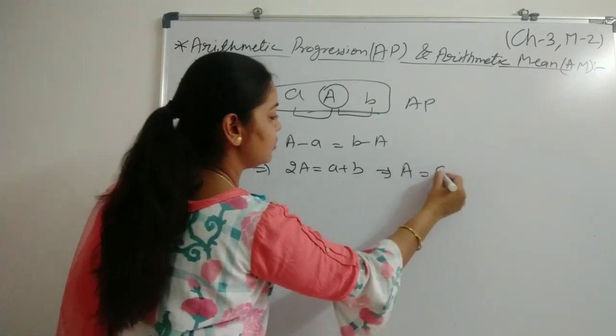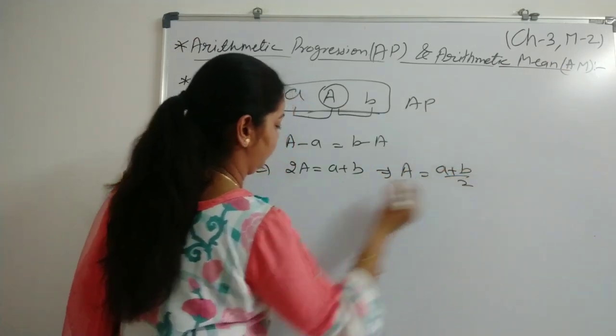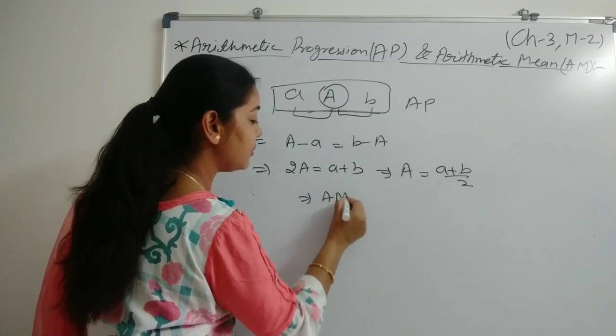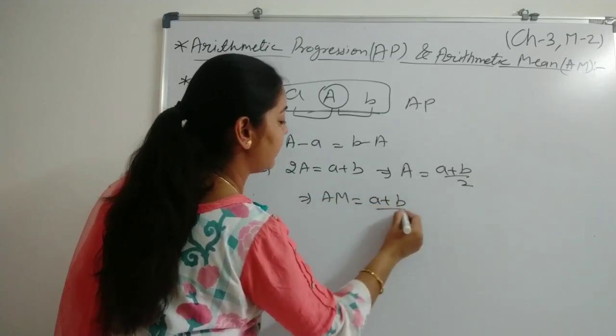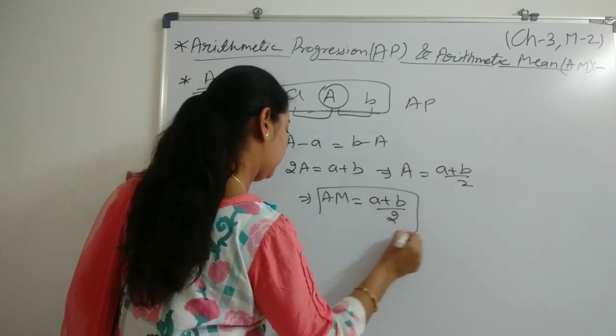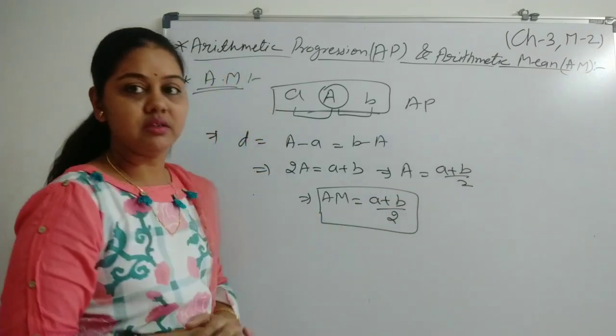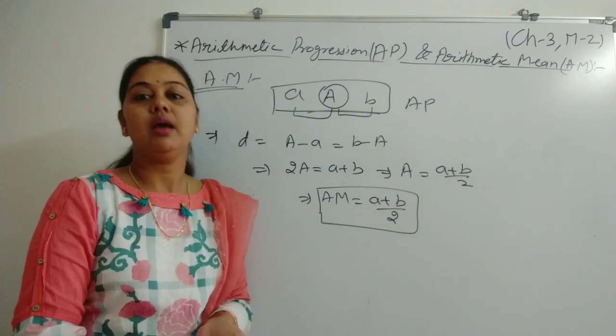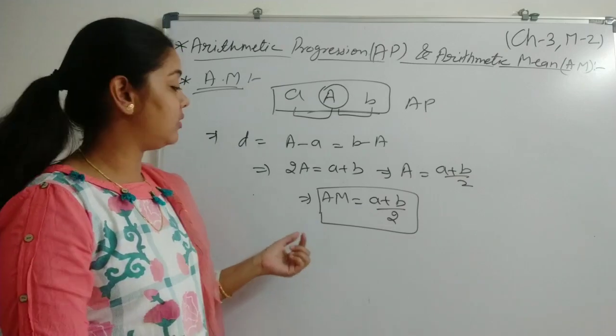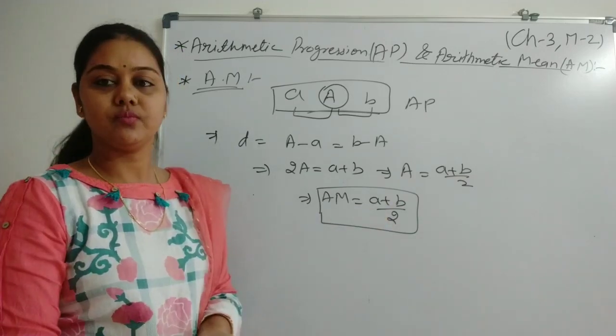A is equal to a plus b upon 2. It means arithmetic mean is a plus b by 2. If I am given two terms a and b, then the arithmetic mean will be a plus b by 2.